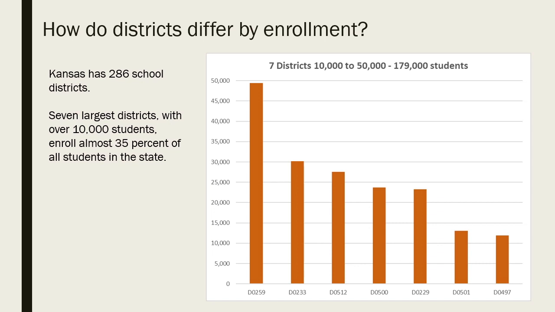Now, let's look at some of the characteristics and differences in Kansas school districts that have an impact on their cost and how the school finance formula responds to that. To begin with, Kansas has 286 school districts, but the top 7, with more than 10,000 students each, enroll almost 35% of all students in the state.